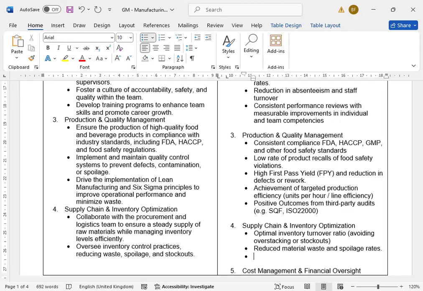Another indicator, consistent on time delivery of raw materials and packaging materials. I will just say packaging.